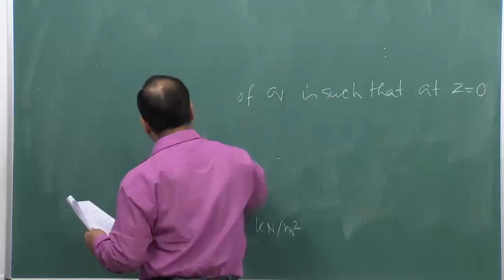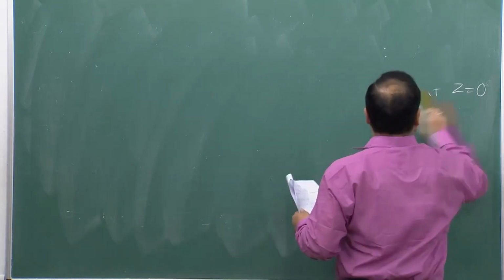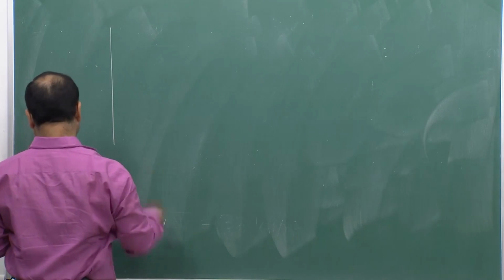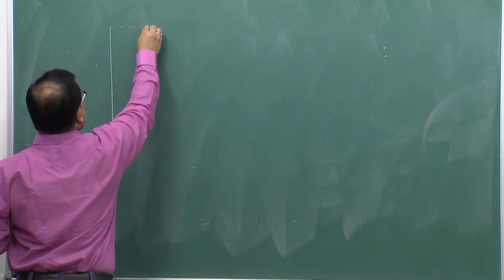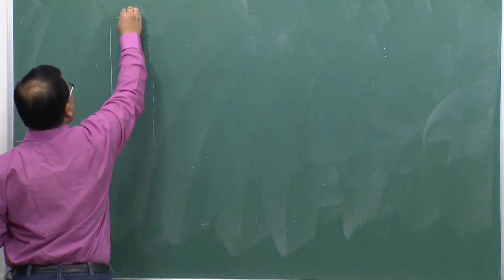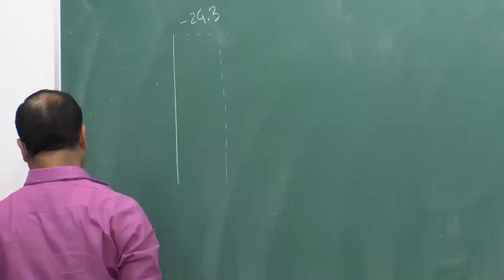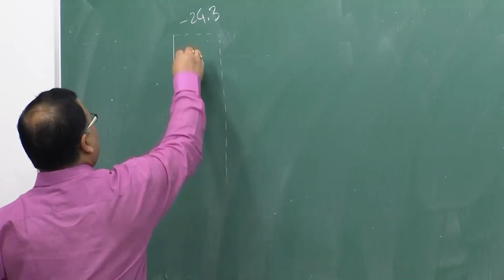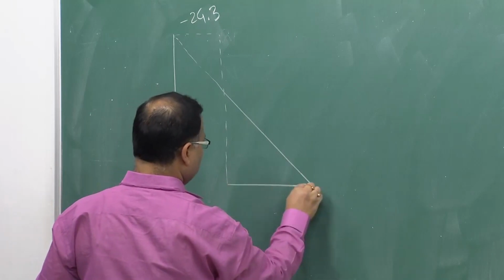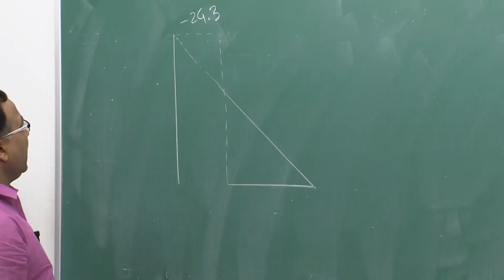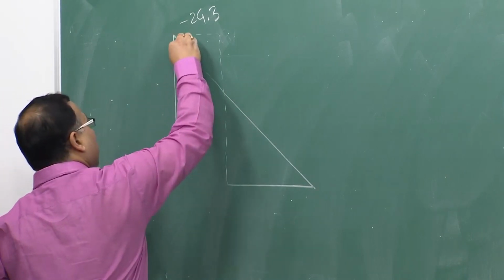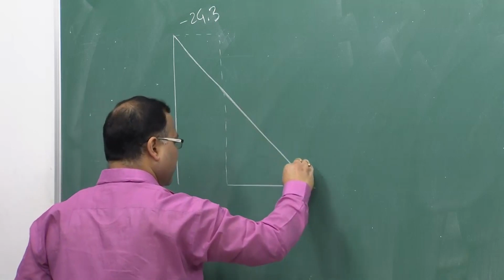So, therefore, the pressure distribution will look like, say this is my total depth of the wall, so this was negative 24.3. Okay. So, earlier it was like that, right. Now, after putting the surcharge, I will be getting this pressure distribution.